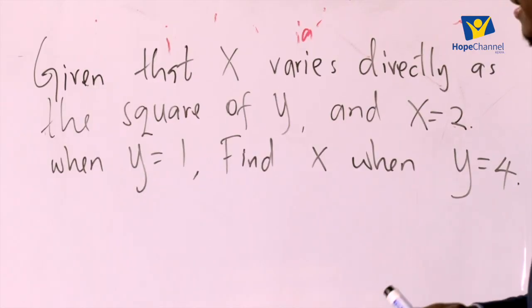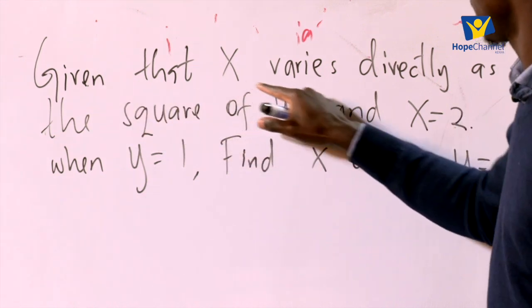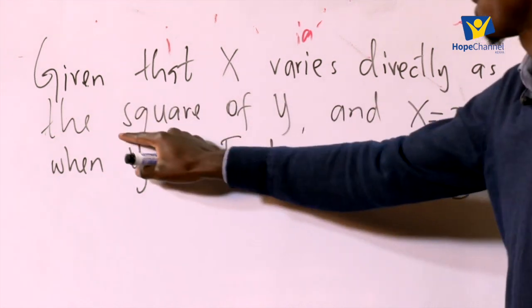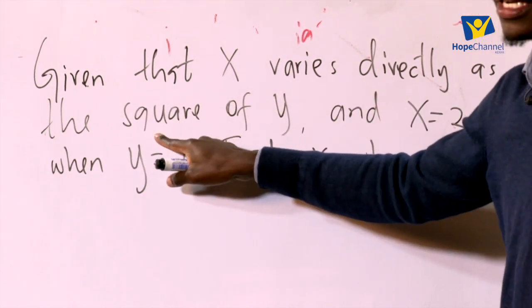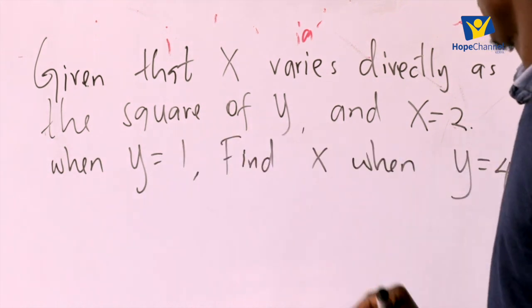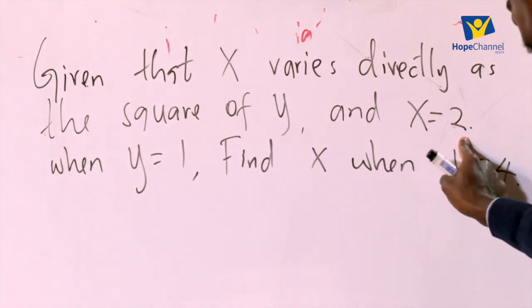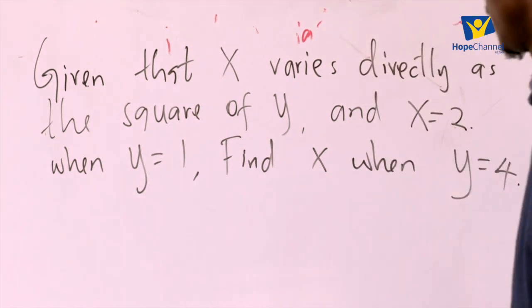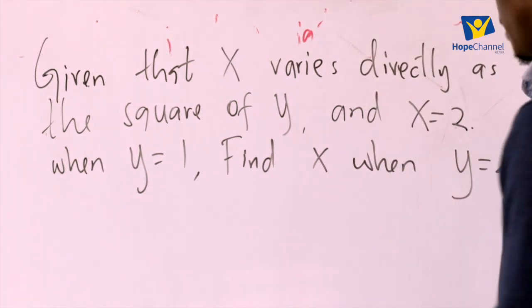So the question is, given that x varies directly as the square of y, and x is equal to 2 when y is 1, we're supposed to find x when y is 4.